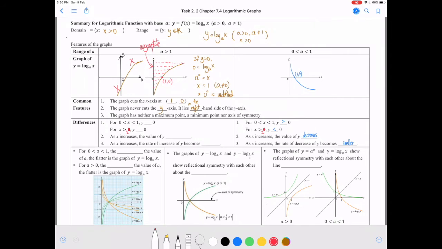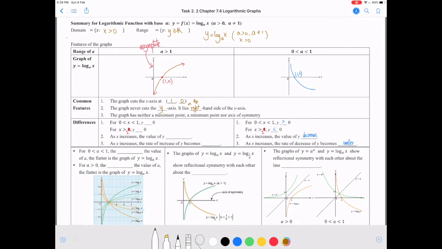It's like you're growing, although it doesn't skyrocket, it's still growing slowly. And it doesn't have a minimum point, for the same reason, it's still going down. Nor an axis of symmetry. That means this graph is not symmetrical. So these are the three common features for these two cases.